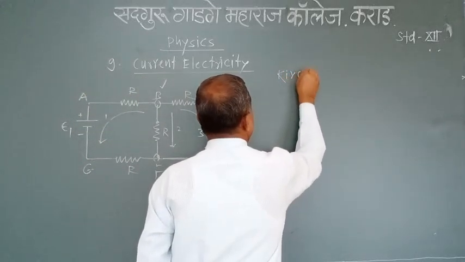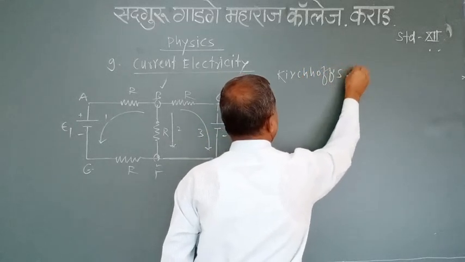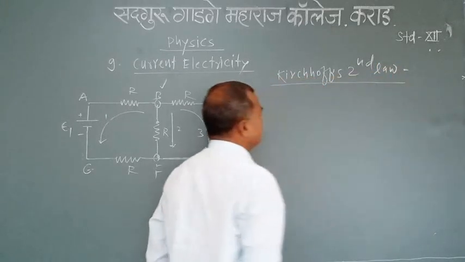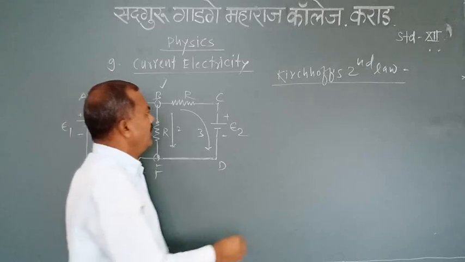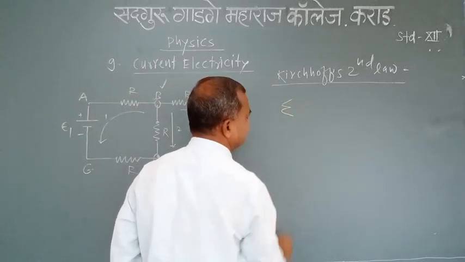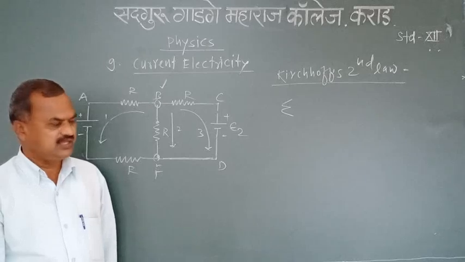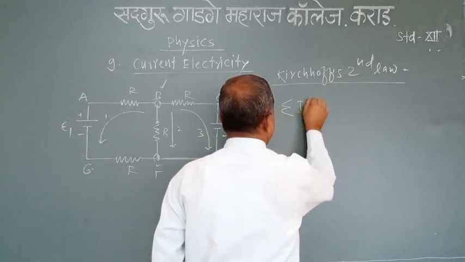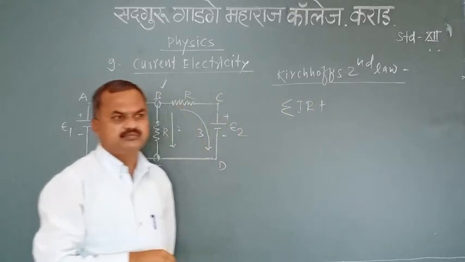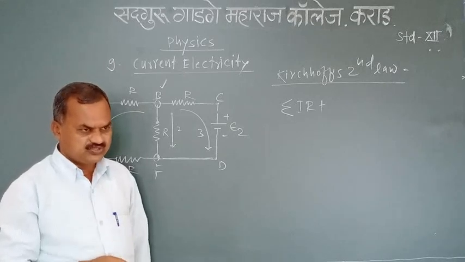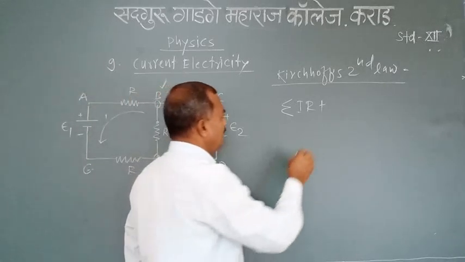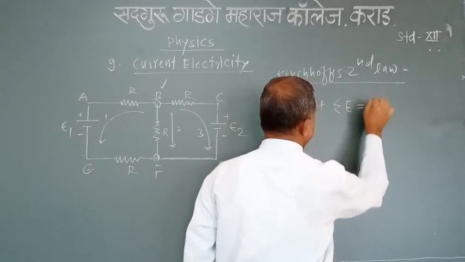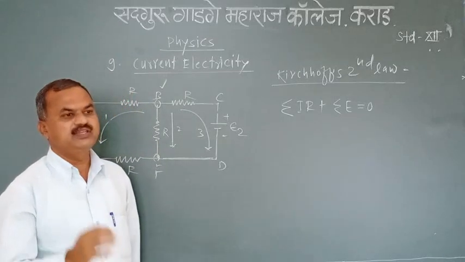Kirchhoff's second law states that the algebraic sum of potential differences, that is the product of current and resistance, and electromotive forces, that is EMFs, in a closed loop of an electric network is always equal to 0.